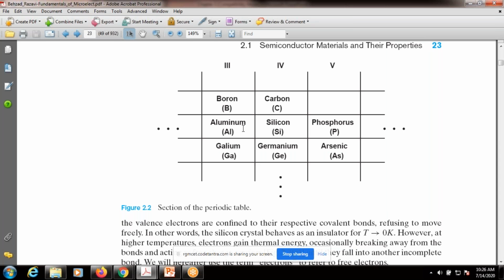Based on that, we can combine silicon with impurity atoms like phosphorus, then it becomes an n-type semiconductor. If you add aluminum, boron, or gallium, it becomes a p-type semiconductor. Remember this periodic table, right?